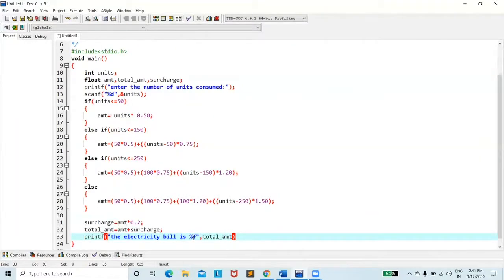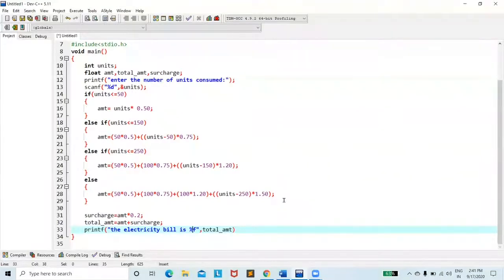I want to have only 2 places after the decimal, so I'll be writing here 0.2. If you don't mention this 0.2, you will get nearly 6 places after the decimal. So shall we see what happens? First I'll not keep the 0.2. Let us check what happens if we remove that.